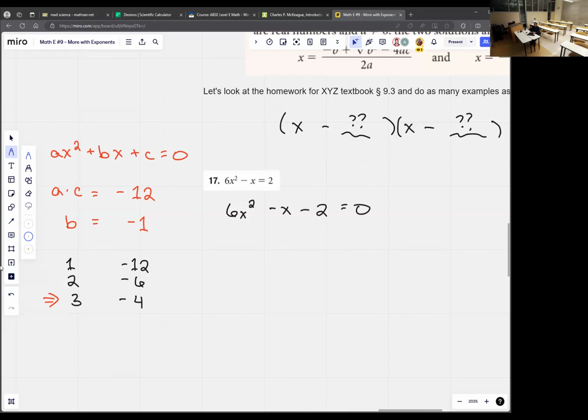So 3 and -4 work. So I will take this x and break it apart to be not just a minus x, but a plus 3x and a minus 4x. Because that's what the 3 and the minus 4 told me to do. Then I factor these two and these two separately. What comes out of the first? 3x.